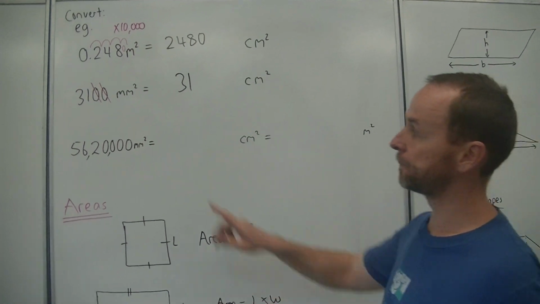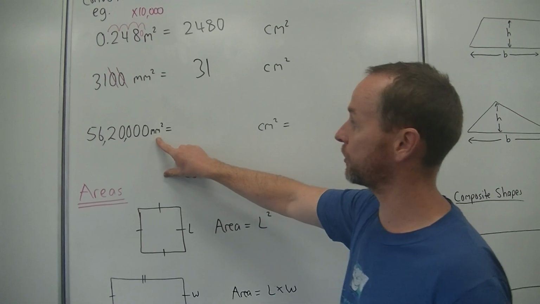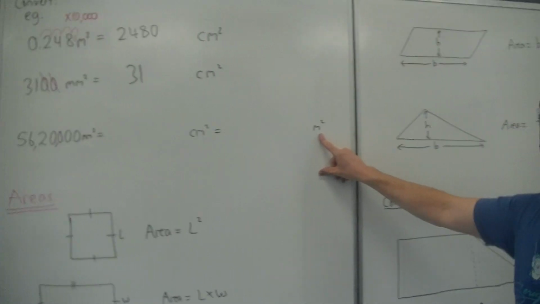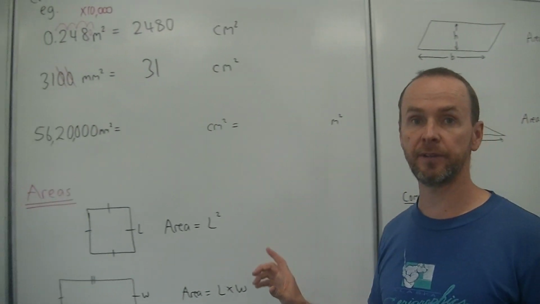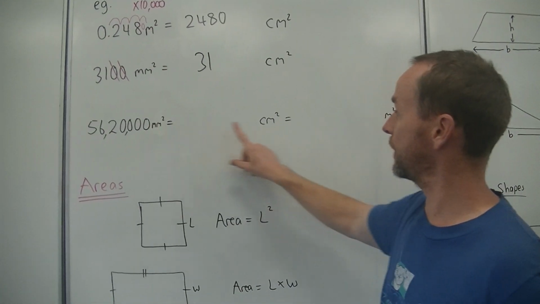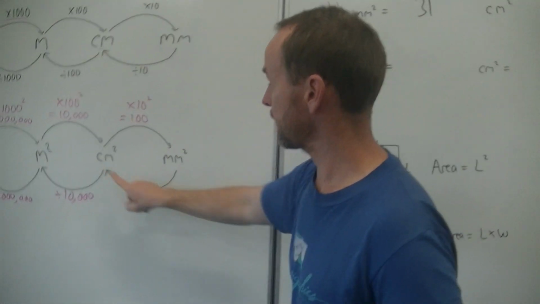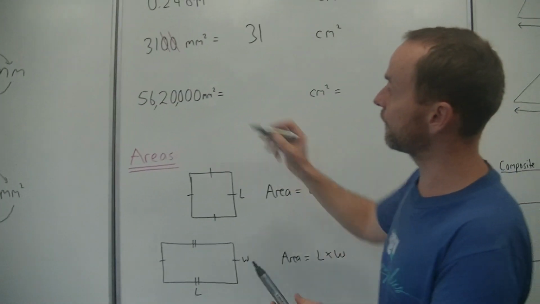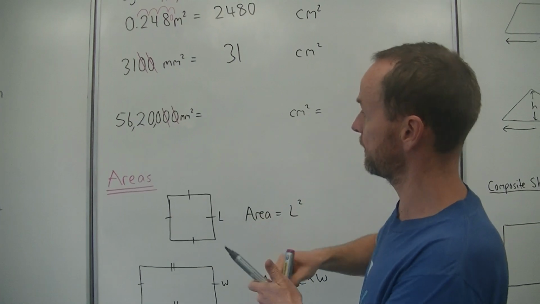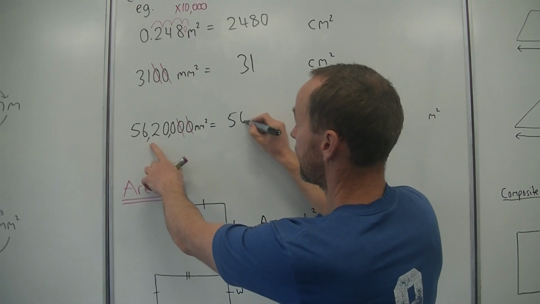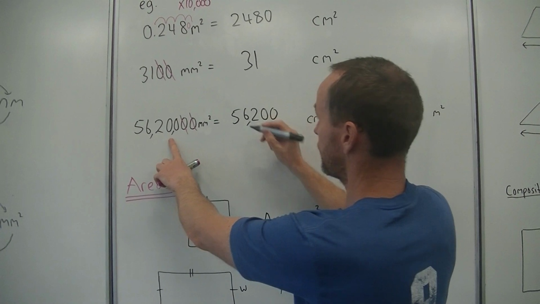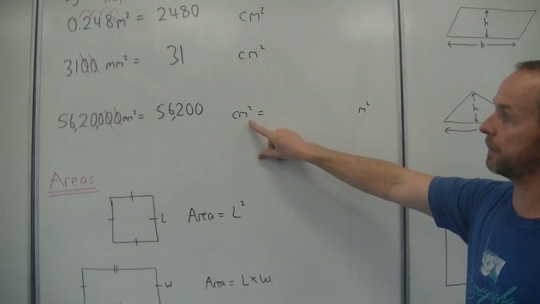And the last one, I've put in a hard one, millimetres squared. We're changing it all the way to metres squared. I like doing this in 2 steps. So millimetres squared to centimetres squared first, we divide by 100. So for that one, I'm going to chop off 2 zeros and write down what we've got. 56,200. So that's how many centimetres squared.